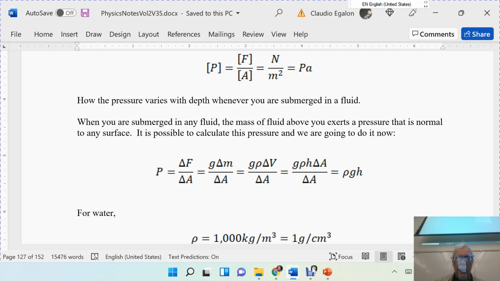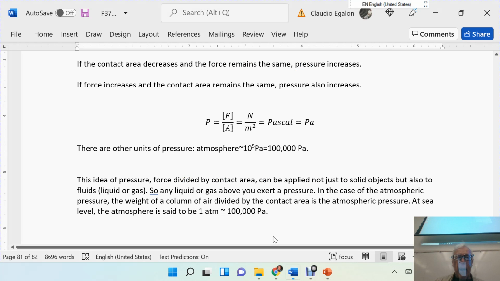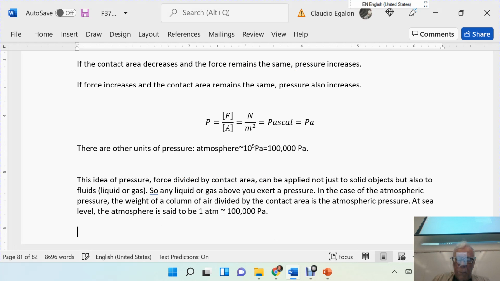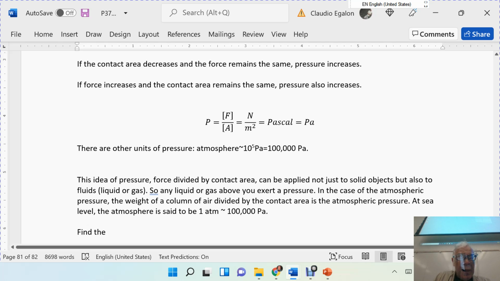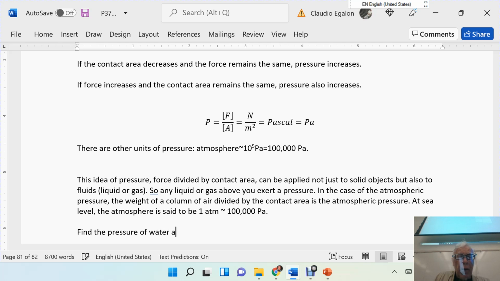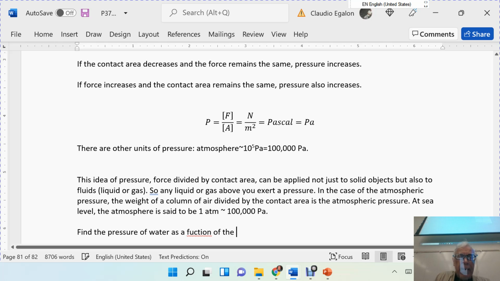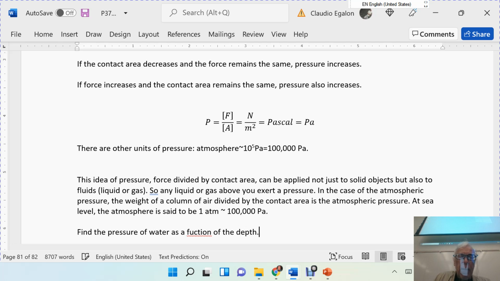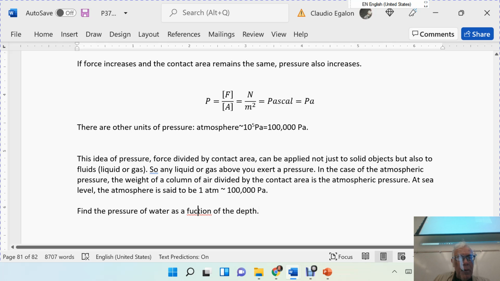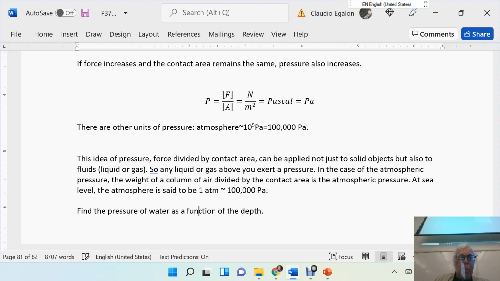The calculation goes like that. You start with, find the pressure of water as a function of the depth. So think about that. The deeper you dive, the more water you have above you.